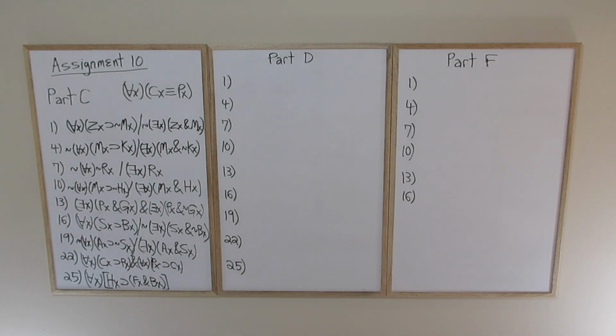I won't bother with the existential here. Notice then we've got a universal quantifier applied to a conditional, but instead of having simple sentences as the antecedent and the consequent, we've got a conjunction as the consequent of our conditional.